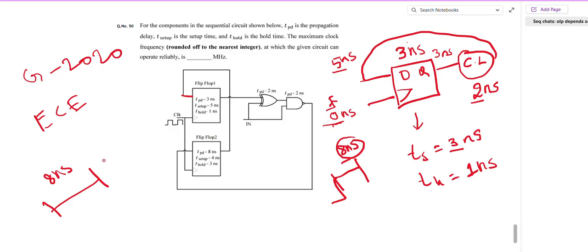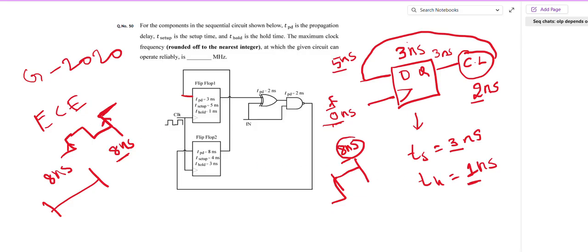Okay, that means the first edge came at 0 nanosecond, the second edge I can apply at 8 nanosecond. But here comes the hold time. See, after 8 nanosecond, your input must not change further for the hold time. Here, what is the hold time? 1 nanosecond is the hold time.